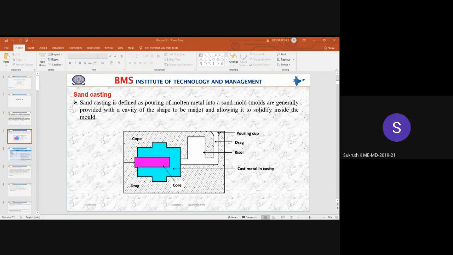Sukrut, are you there? Yes, sir. Would you like to add anything to this concept? Sir, it is a relatively cheap process, and sand is sufficiently refractory even for steel foundry use. And in addition to sand, a suitable bonding agent is also mixed with the sand.